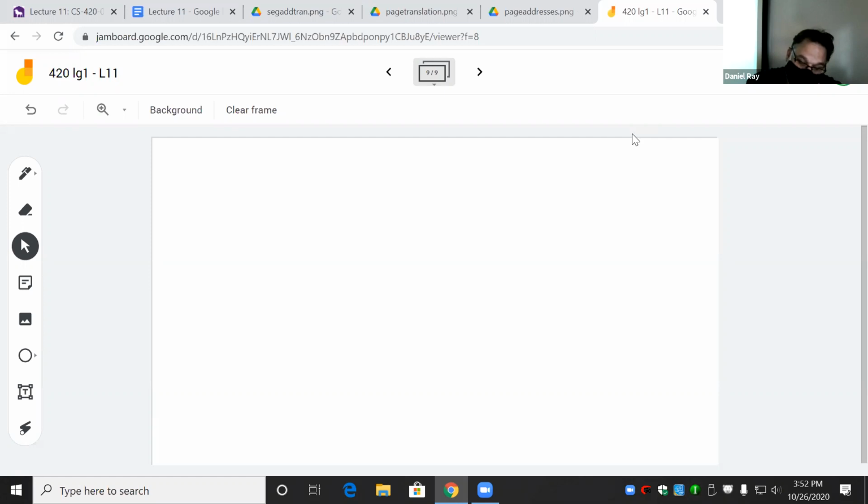Can we do segmentation and paging at the same time? Yes, we can. So the logical address space consists of multiple variable size segments, but each segment is divided into fixed sized pages.